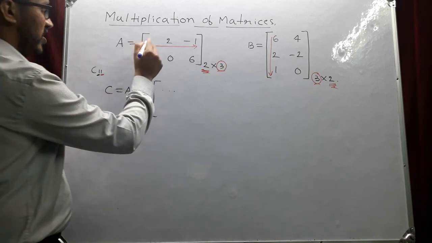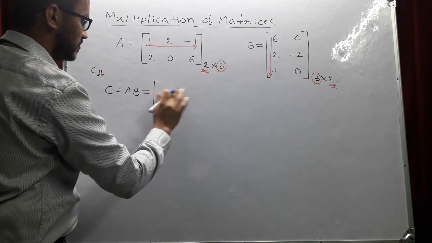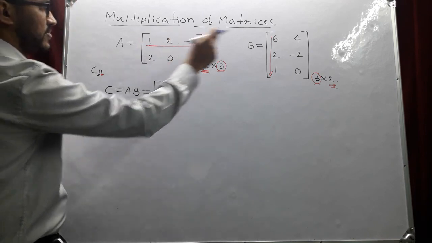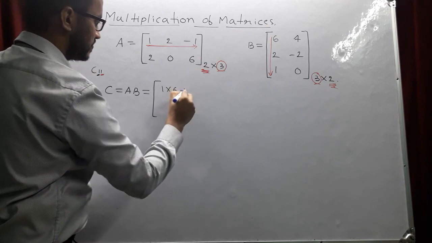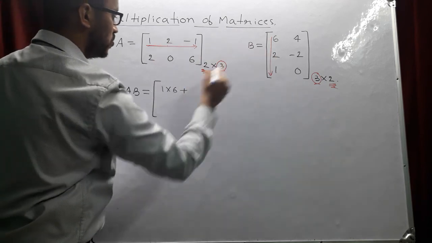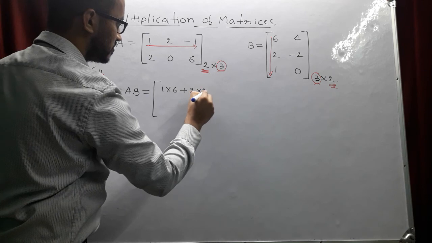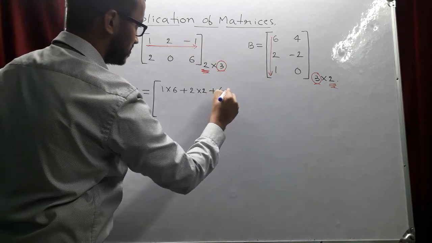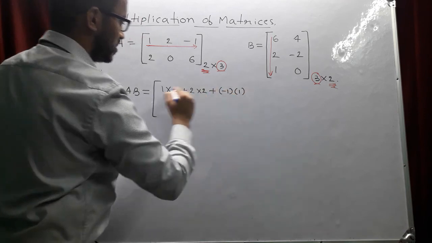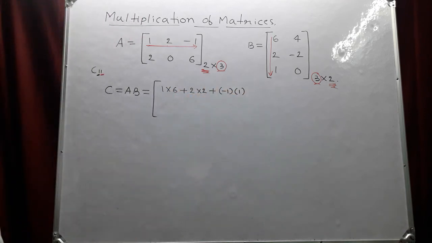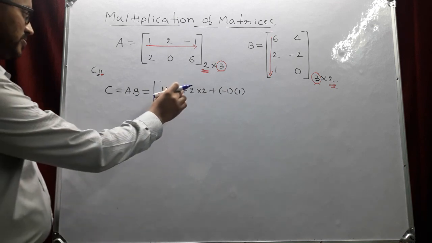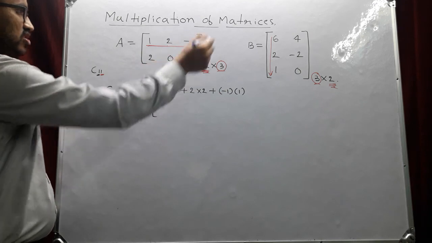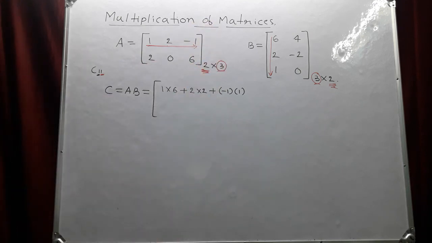So 1 into 6 plus 2 into 2 plus minus 1 into 1. This is the first element of the product, obtained by multiplying the first row of the first matrix with the first column of the second matrix.